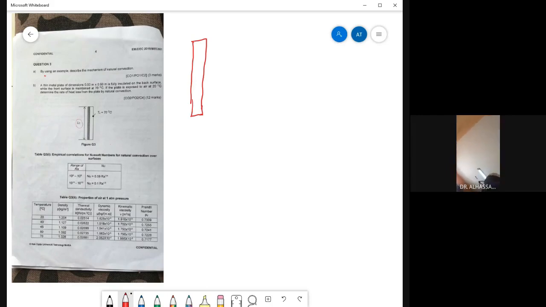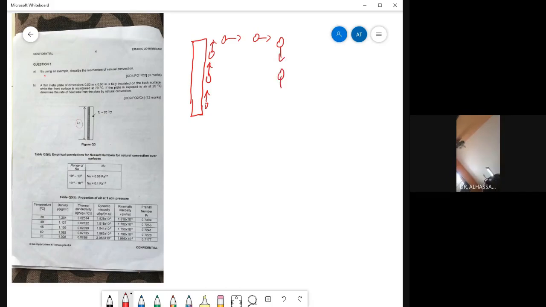Mechanisms of natural convection. Like I've told you, fluid with low density moves up because of the increase in temperature. Then they move along this direction.